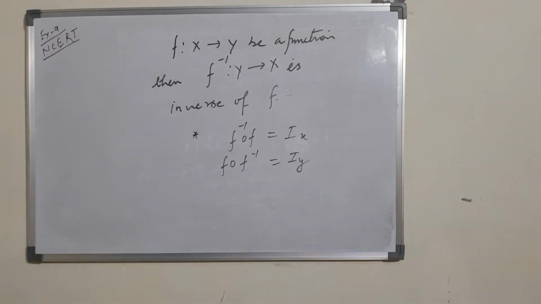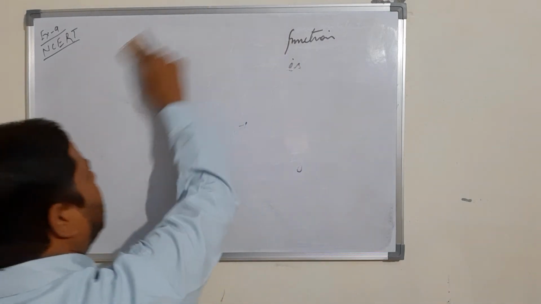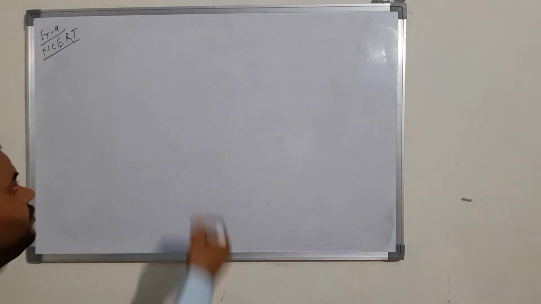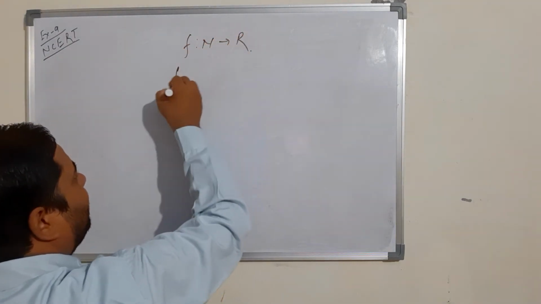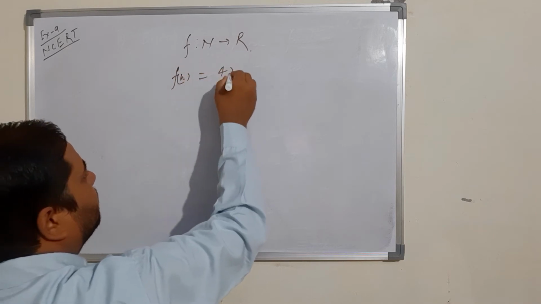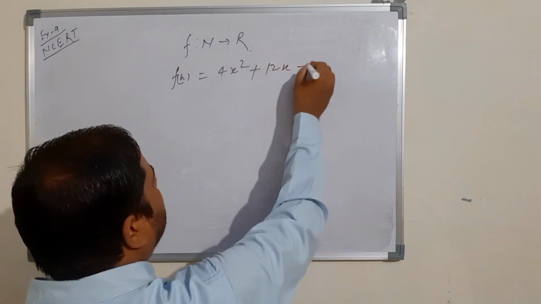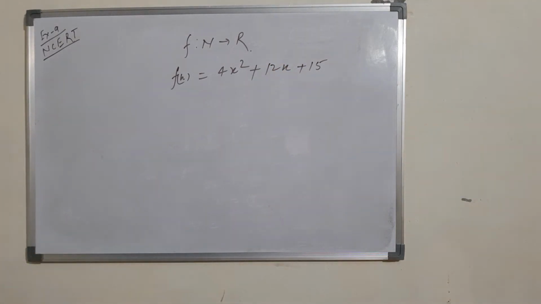Function is defined from N to R, f from N to R defined as f(x) is equal to 4x square plus 12x plus 15. Okay, the function is defined as this.